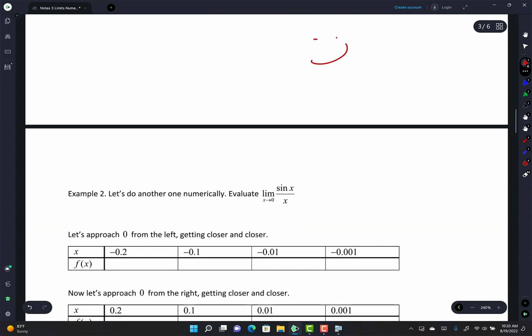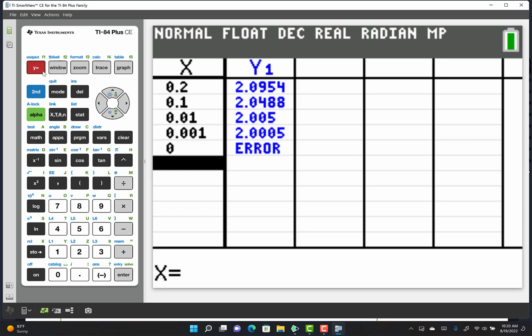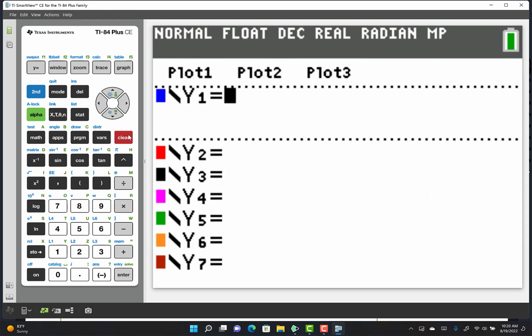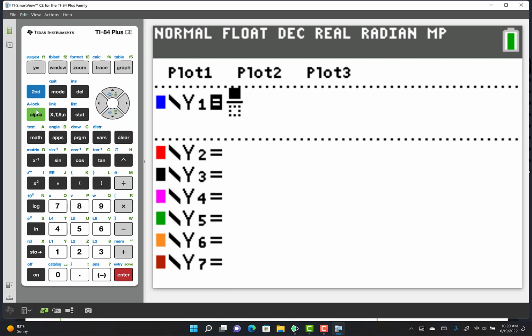All right, here we go. We're doing the same thing with this one, guys. Sine x over x. This is one of my favorites. So I'm going to go to y equals. I'm going to clear it. I'm going to push alpha y equals enter for a fraction, or you can use the alpha link. I'll put sine x over x.